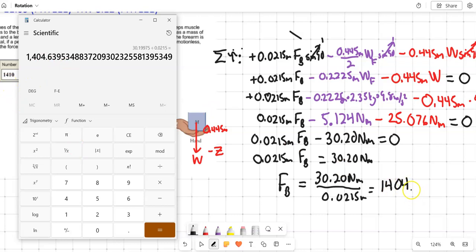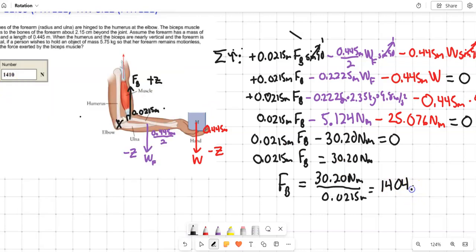So if we round this up, it's 1405 newtons, which you could round up to 1410 newtons. So our answer is correct if we consider rounding to the 10 mark here.